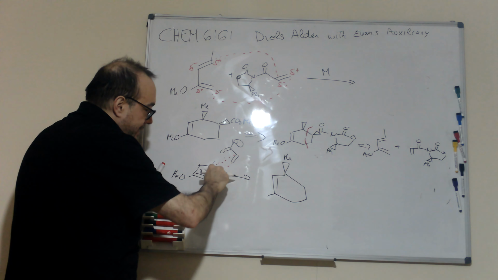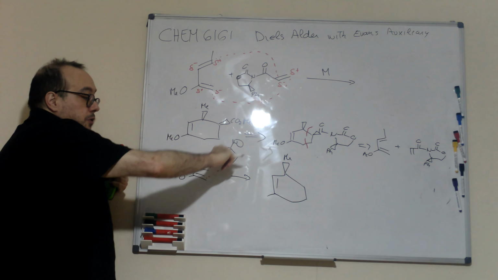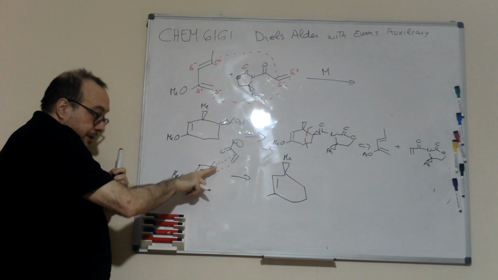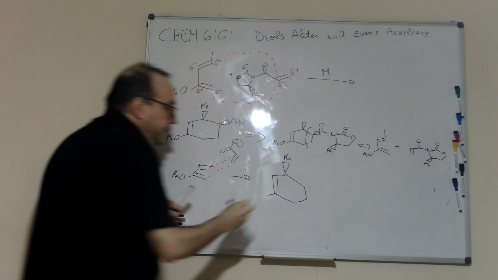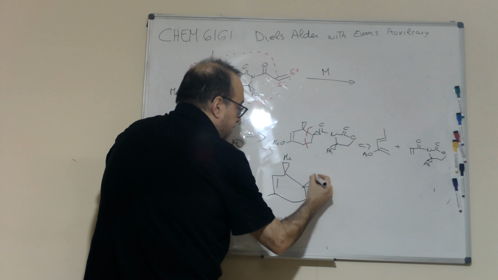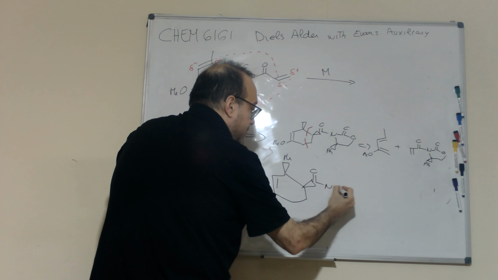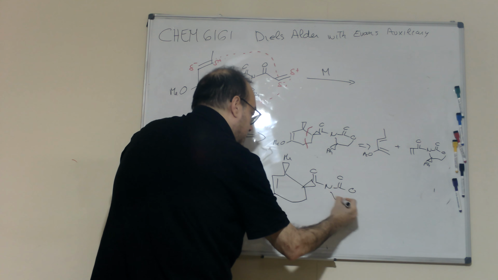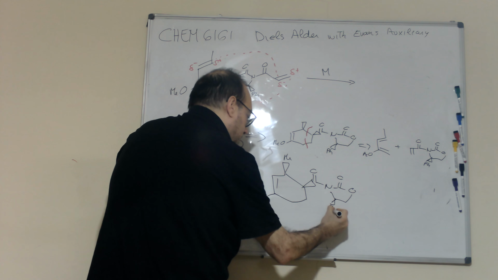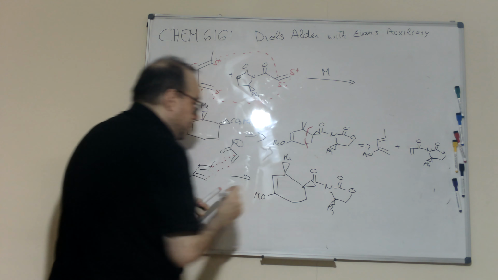If we are forming this bond from the bottom face of the alkene, what we will have is the oxazolidinone up.